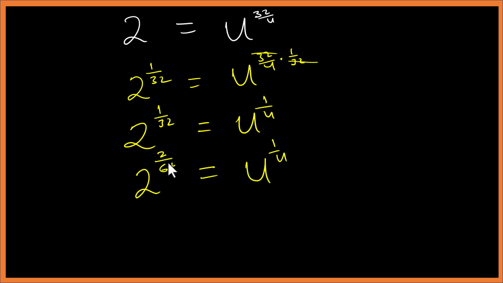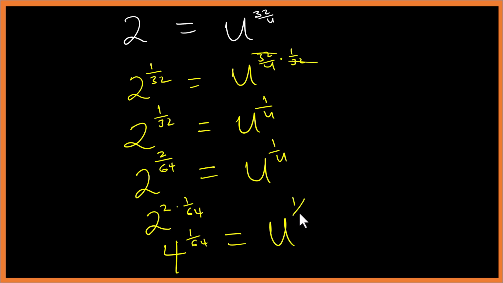Now, when we have something like this, it's the same as 2 to the power 2 times 1 on 64. That will make this side 4 to the power 1 on 64 equals u raised to 1 on u.